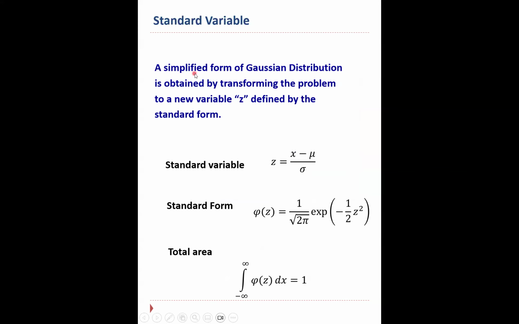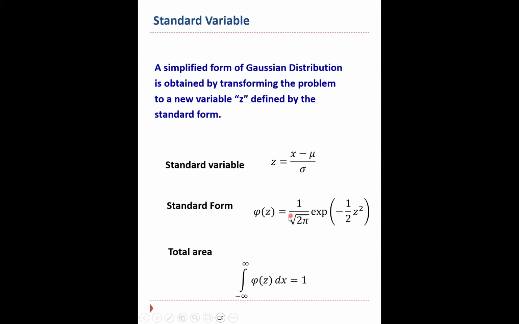There is a standard variable transformation of the Gaussian distribution. So we define a new variable z equal to x minus mu over sigma. This transforms the distribution to a new scale of variable z, and the probability density function then becomes 1 over square root of 2 pi and exponential of minus 1 by 2 z squared.